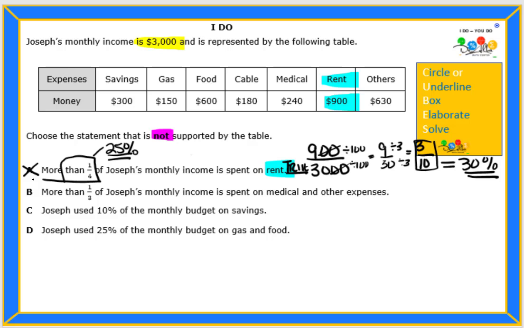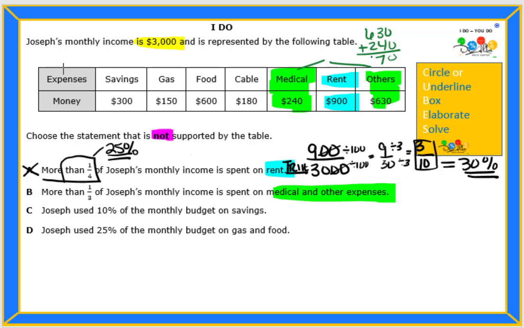Letter B. More than half of Joseph's monthly income is spent on medical and other expenses. So medical and other expenses, if I put them together, is 630 and 240. That would be a total of 870.